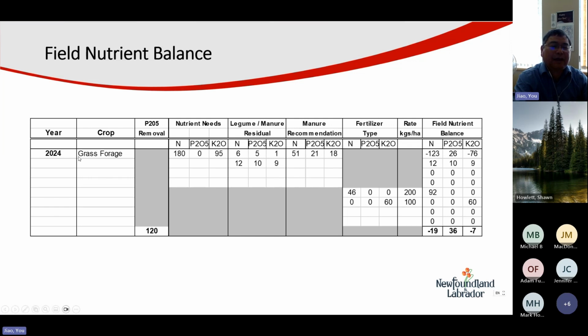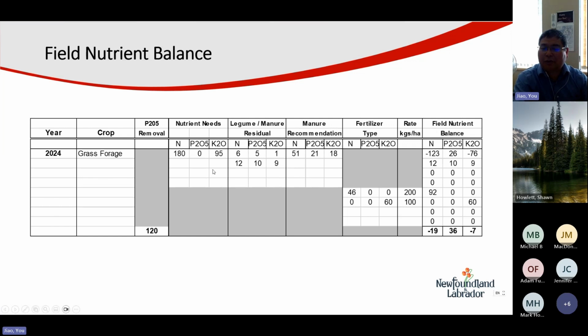If this year I grow grass forage, we consider the nutrient requirement by the crop, the legume and manure residues from the previous year, and the manure recommendations, how much, and then the supplemental fertilizer rate, to then calculate the field balance sheet for nitrogen, phosphate, and potassium.